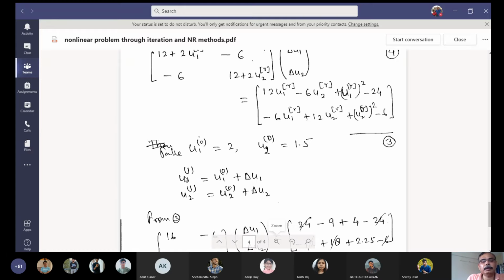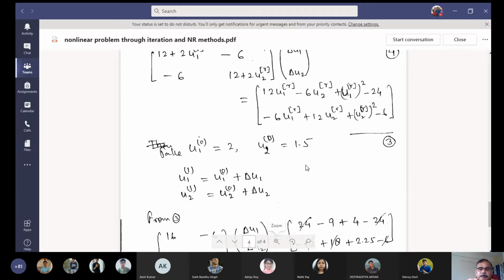That will be u1(1) equals u1(0), that is 2, plus delta u1, and u2(0), which is 1.5, plus delta u2. That will be your new value, and then again you continue this process till you achieve your tolerance, and then you can stop at that stage once both the values delta u1 and delta u2 are getting repeated.